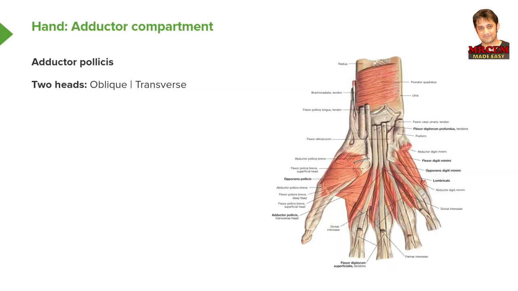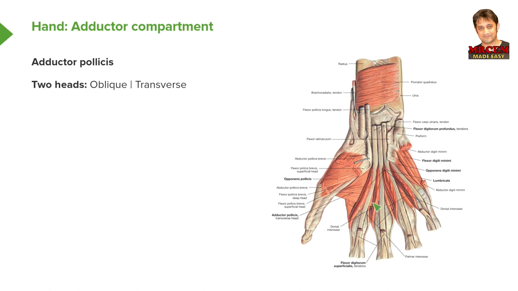So now let's move to the adductor compartment. The adductor compartment only contains one muscle, and this is important in adducting the thumb, as the name suggests. But there are two heads to the adductor pollicis muscle. There is an oblique head and there is a transverse head. And here on the diagram we can see we have this adductor pollicis muscle here, this triangular shaped muscle.